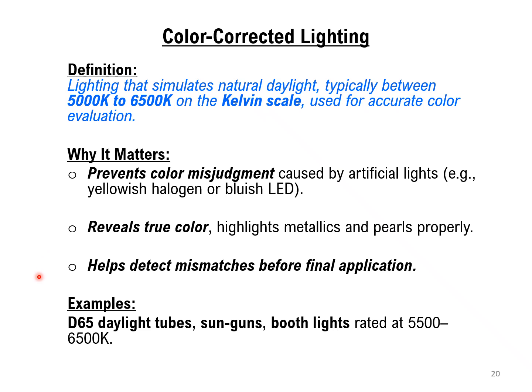It helps detect mismatches before final application. For example, D65 daylight tubes, sun guns, and booth lights rated at 5500 and 6500 Kelvin.